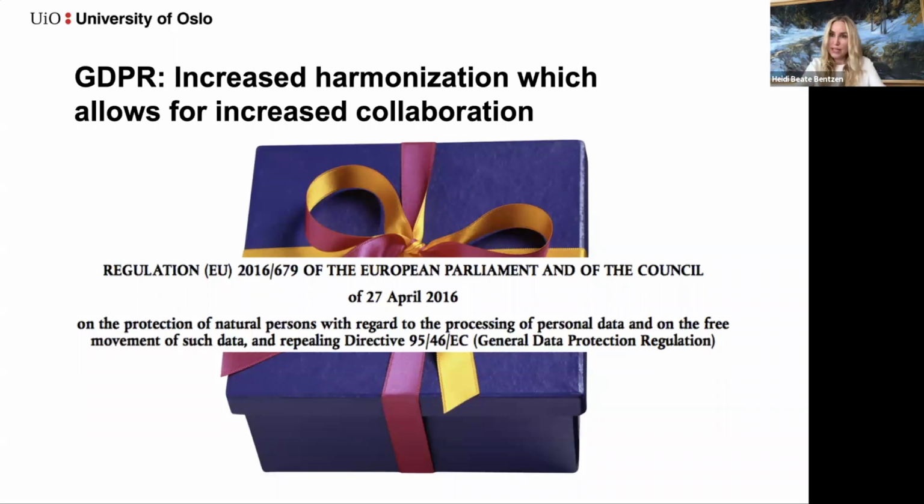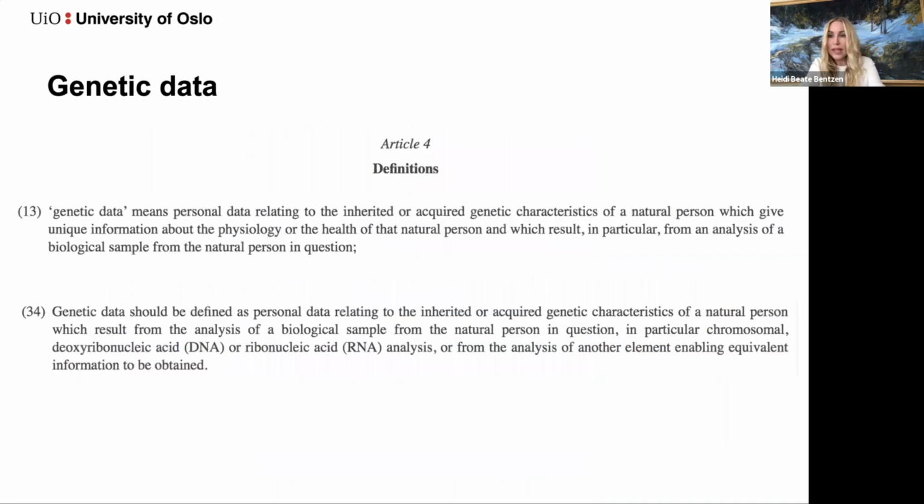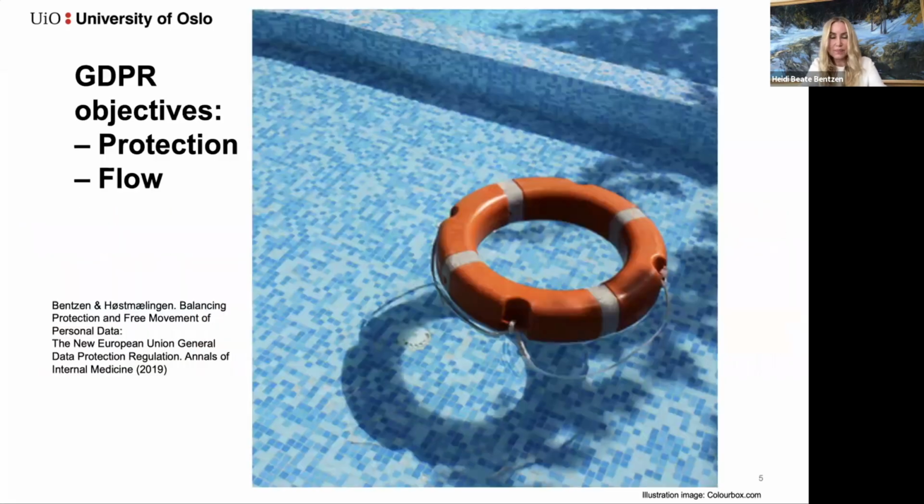So to resolve this issue, the EU decided we'll put a regulation in place instead, and that is the GDPR, the General Data Protection Regulation. What this did was to harmonize data protection law in the EU member states. It also specifically regulates genetic data.